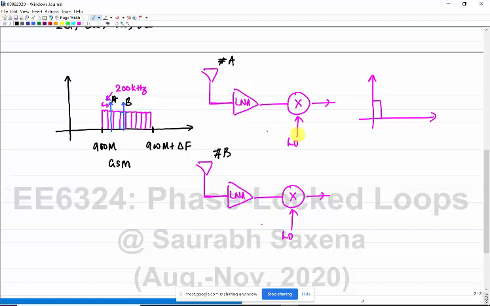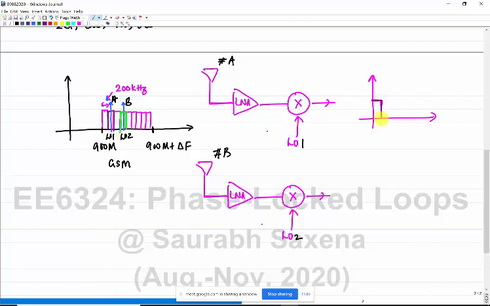Now user A has to generate frequency LO1 and user B has to generate frequency LO2. Then only those two people are going to get their respective signals. So I am just highlighting that. Let us say one signal is this, user B's signal, and then you have user A's signal, which is this one.